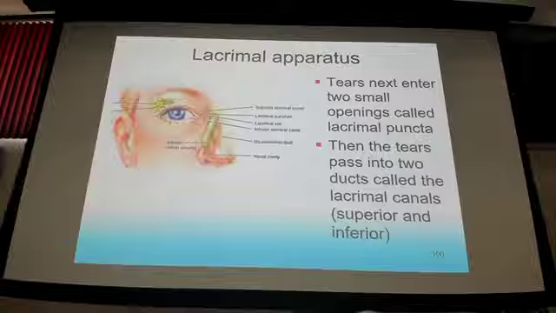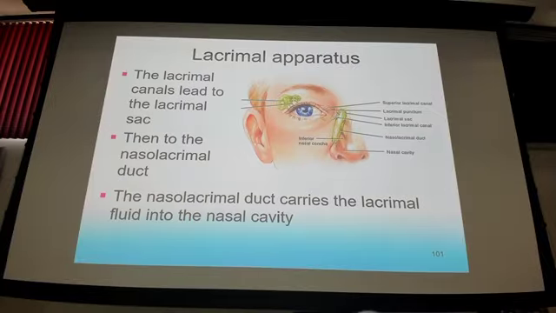After it goes into the lacrimal puncta, which are above and below, you're going to pass into the lacrimal canals. So this is the superior lacrimal canal and then the inferior lacrimal canal. Those lead to the bigger area called the lacrimal sac.